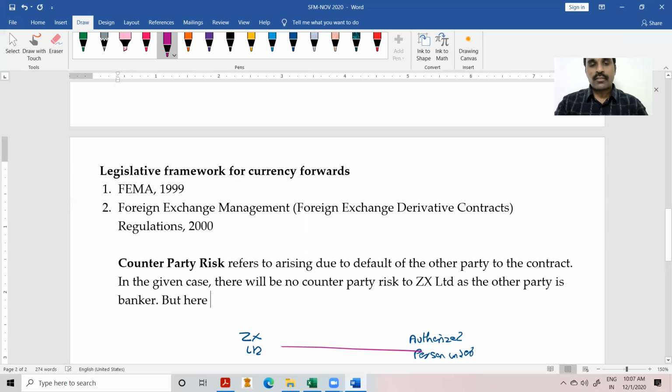But the banker will have the counterparty risk of ZX Limited being defaulted.